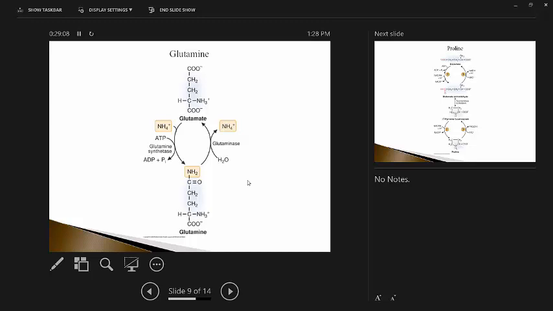What's the benefit? One, it moves two amino groups, and two, it's neutral. Because this one can't be protonated, the negative charge is effectively canceled by the positive charge, so it's a neutral amino acid. I don't change the blood pH by using glutamine, and I move two nitrogens to the liver.